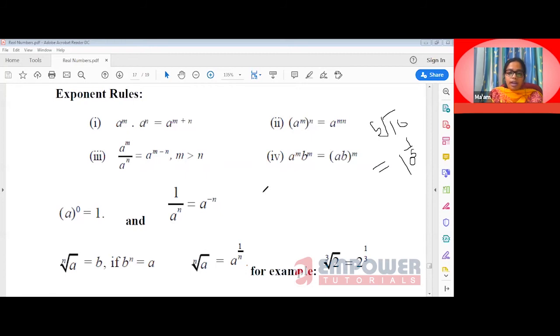So this sign represents the reciprocal of the number present over here. Suppose this is x, or n is the number over here, then a raised to 1 upon n. So the cube root of 2 is equal to 2 raised to 1 upon 3.